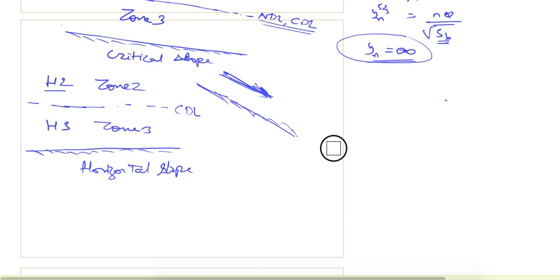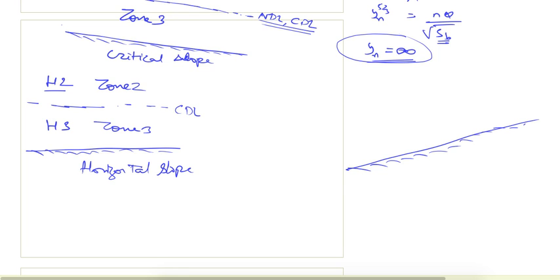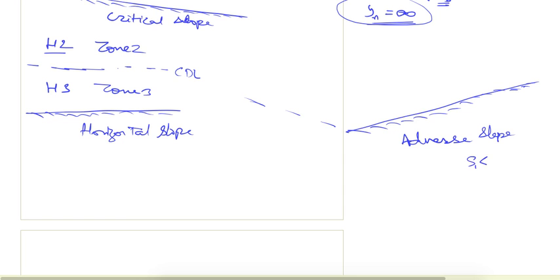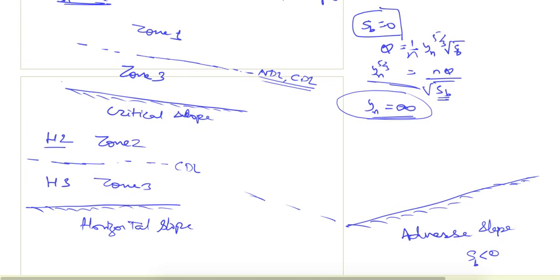And one more slope is the adverse slope. This will be similar to the horizontal slope. The adverse slope will also be accompanied by some other slope which will be there before this adverse slope. Again, from this equation we can see, if the slope is adverse, the bed slope is negative, so if SB is less than 0 and I put some negative value of SB here, the depth of flow will become imaginary.